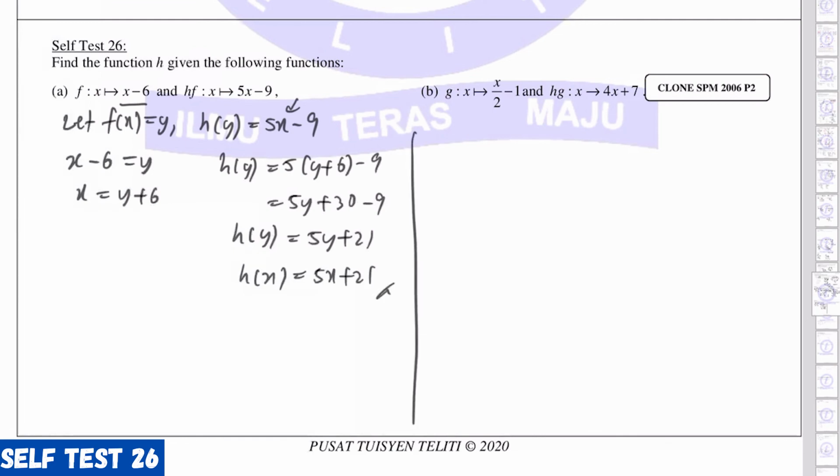Okay, not difficult, right? So, moving on. Your part B here, we let g(x) become y. So this is h(y), and h(y) is 4x plus 7. Remember, g(x) is x over 2 minus 1 from here. I need to make x the subject, so I add 1 over and times 2.